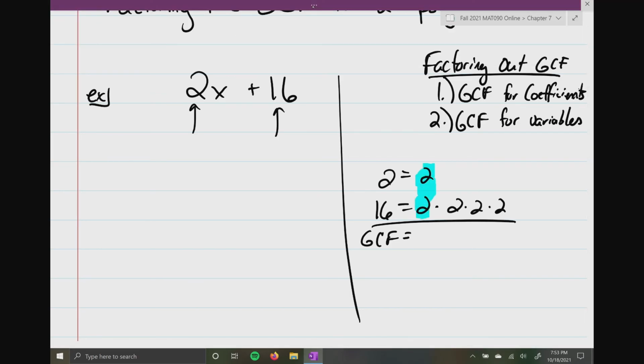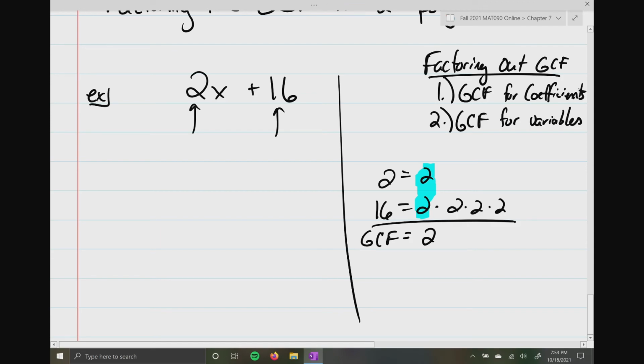So I know there's a GCF for the coefficients. It's a 2. So far my GCF is a 2. The question now becomes, is there a GCF for the variables? Well, in order for there to be a GCF for the variables, and this also applies for coefficients, you have to have things in common.